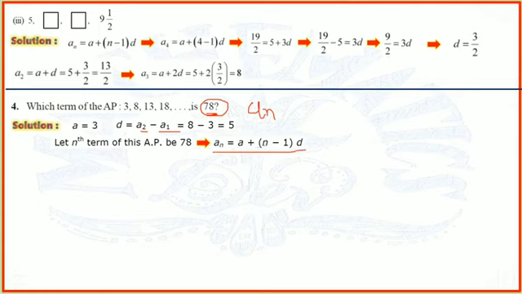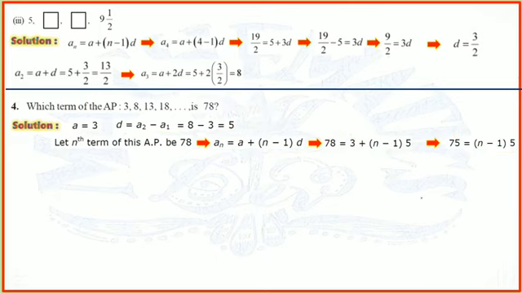This implies 78, as we have supposed the nth term, is equal to a, which is 3, plus n minus 1 into d, which is 5. So 78 minus 3 is 75, equal to n minus 1 into 5.